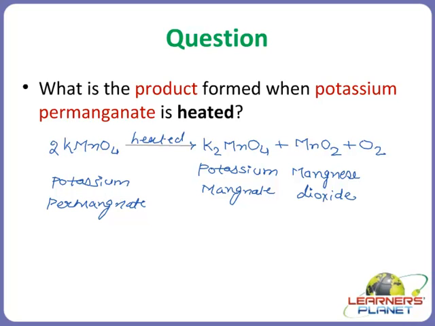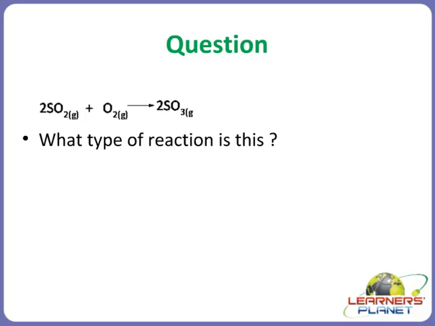Now let's take up our next question here. It is twice of SO2 plus O2 gives 2 SO3. What is SO2, students? Your SO2 combines with oxygen and it is giving you SO3.